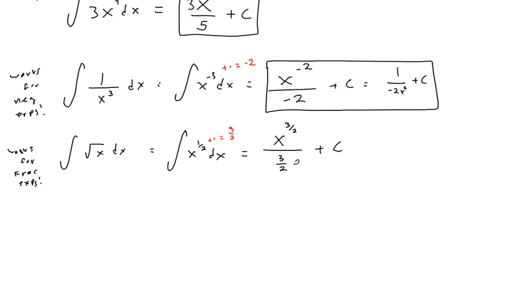So I get 2x to the 3/2 over 3 plus c. So that would be my answer for this one. I don't like fractions in the denominator, so I do a little flip-a-do, put the 2 up on top, leave the 3 on the bottom.